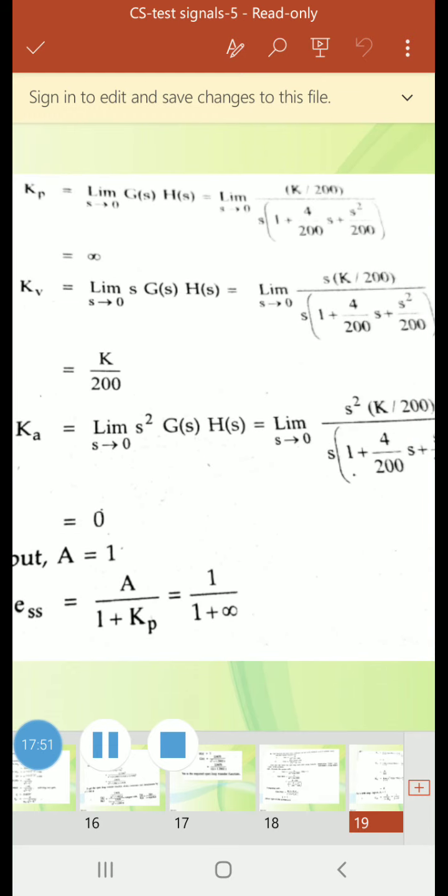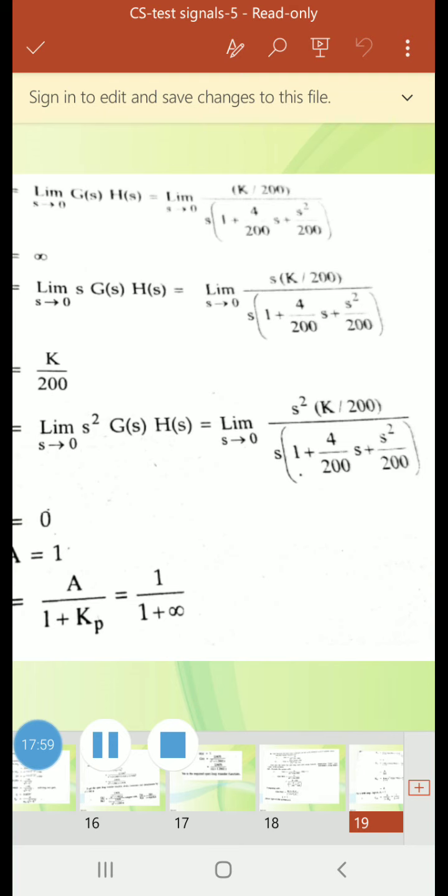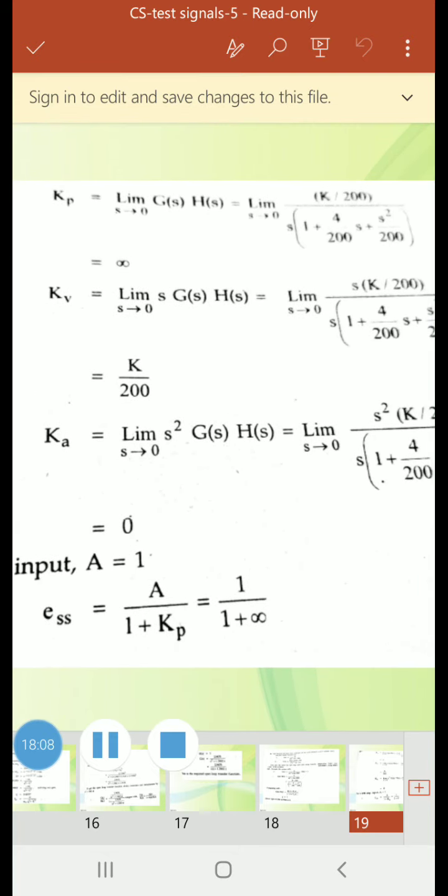Kp is limit S tends to 0, G of S, H of S, which is equal to limit S tends to 0, K by 200 divided by S into bracket 1 plus 4 by 200 S plus S square by 200, which is equal to infinity. Because when S tends to 0, if S is in the denominator, then it will become infinity.